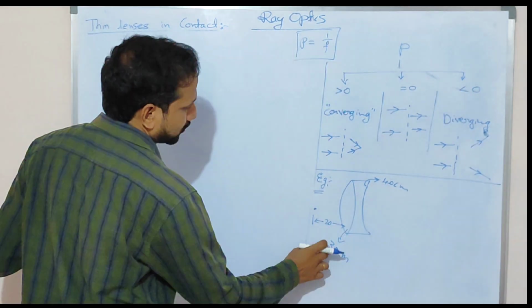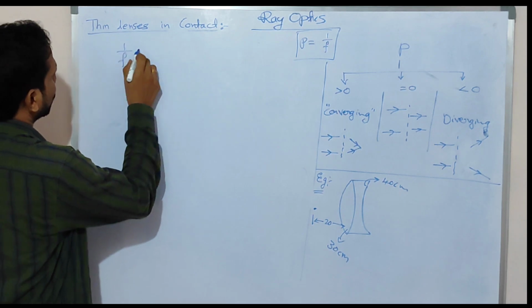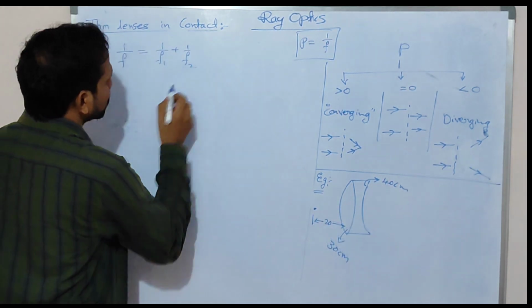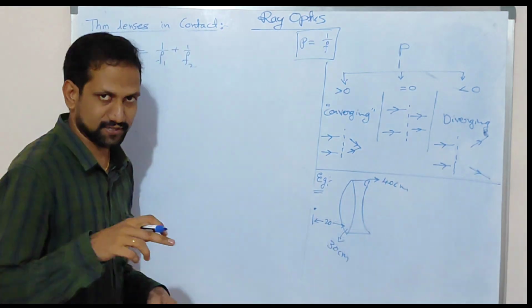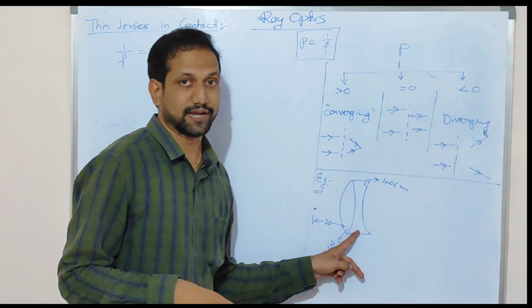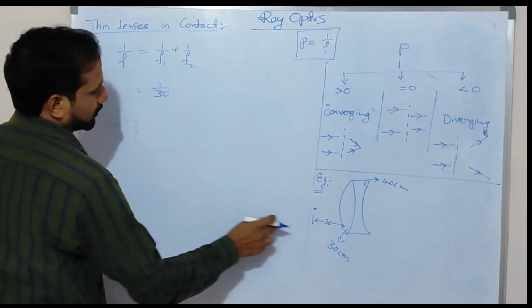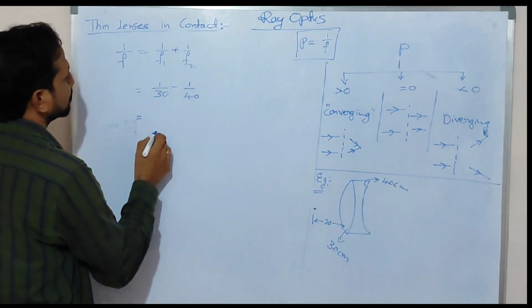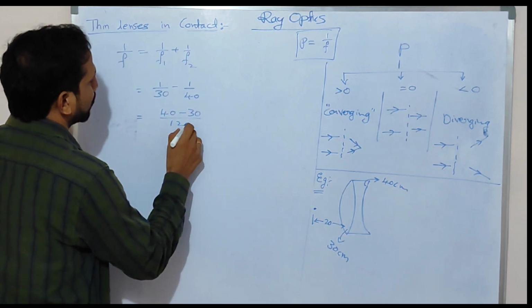So they said the focal length of the convex lens is 30. So according to the formula, 1 by f is 1 by f1 plus 1 by f2. But here for the concave lens they gave 40, but we should consider minus 40 because it is a divergent lens. So 1 by 30 minus 1 by 40, it will come 40 minus 30 divided by 1200.